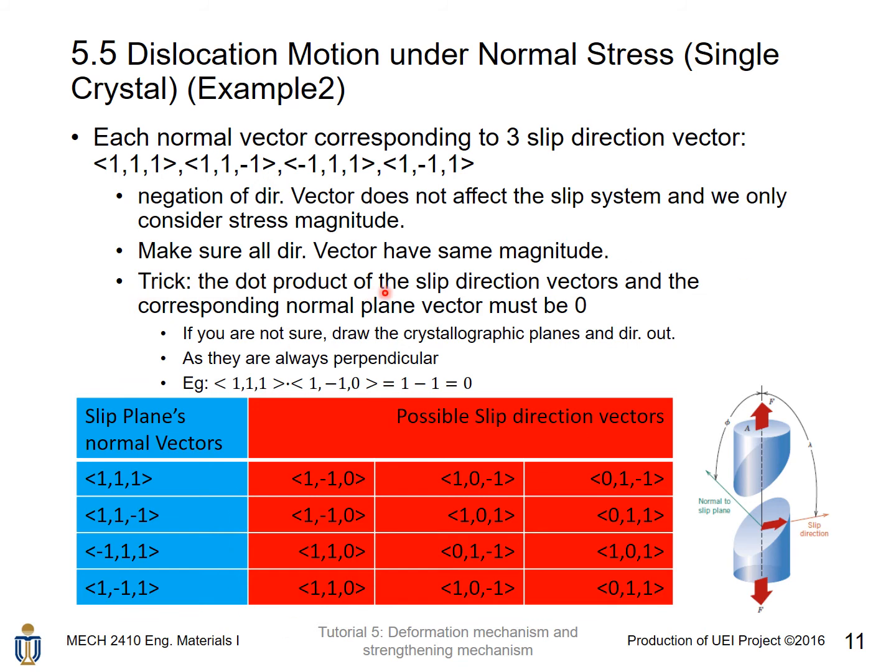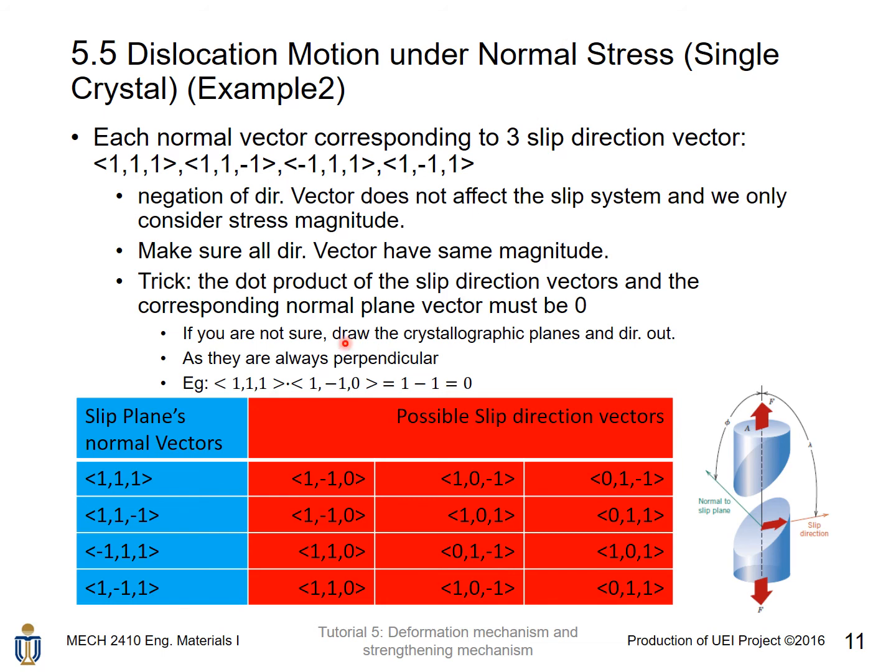The dot product of the slip direction vector and the corresponding plane normal vector must be 0. This is because they are always perpendicular. The slip direction is always on the plane, and the vector normal to the slip plane is always normal to the plane. That means the angle between them is always 90 degrees, and their dot product is always equal to 0.